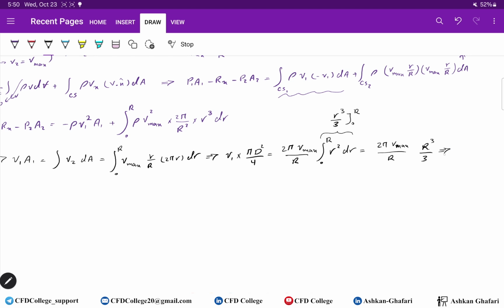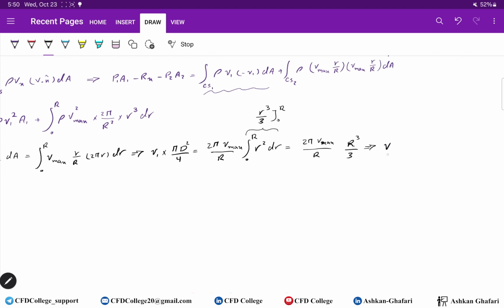Now we can find Vmax. Vmax equals V1, pi with this pi, so we don't have pi. V1 d1 square, this is d1.